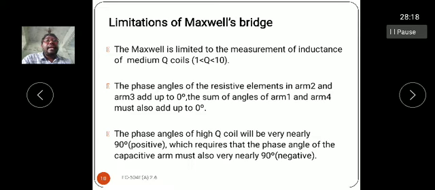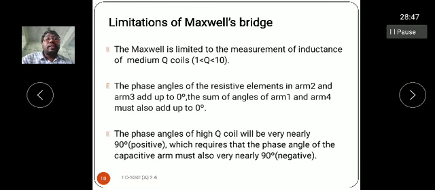Here the Maxwell bridge is limited to the measurement of inductance of medium quality factor coils, that is the Q coils. The phase angles of the resistive elements in arm 2 and arm 3 add up to 0 degrees. R2 is the fixed resistance, and R3 is the unknown impedance.